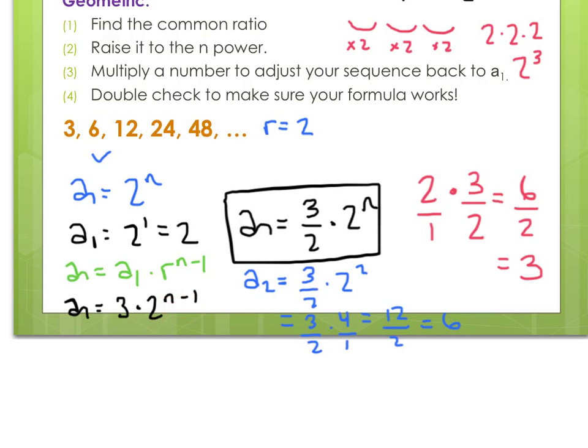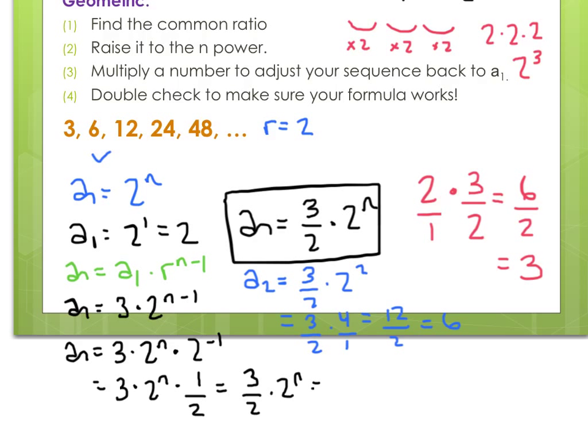Now using our exponent properties, I can rewrite this as a sub n equals 3 times 2 to the n times 2 to the negative first power. Now 2 to the negative first power is the same as saying 1 over 2. Now combining our like terms of 3 and 1/2, we get 3/2 times 2 to the n power equals a sub n, which we know is what we already found to be our explicit formula.